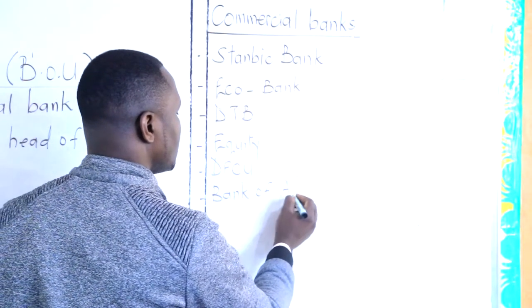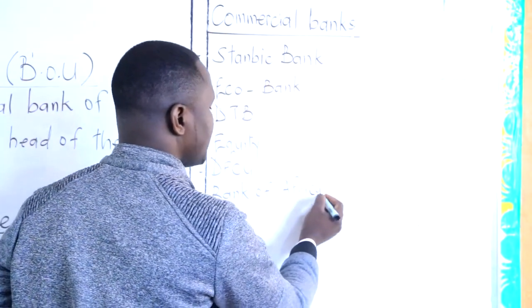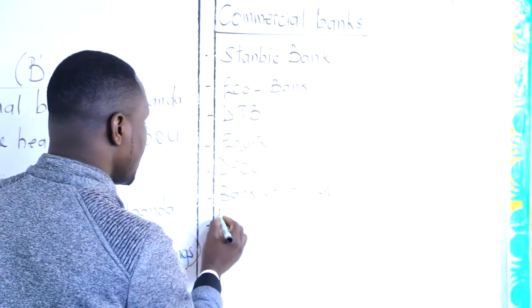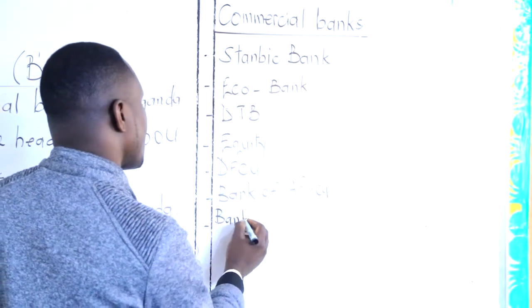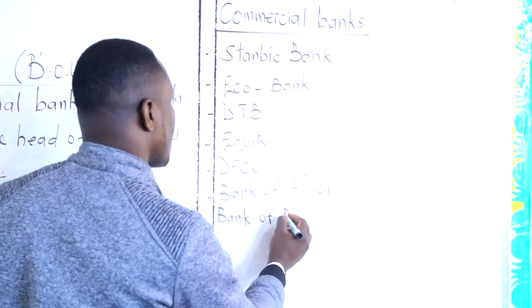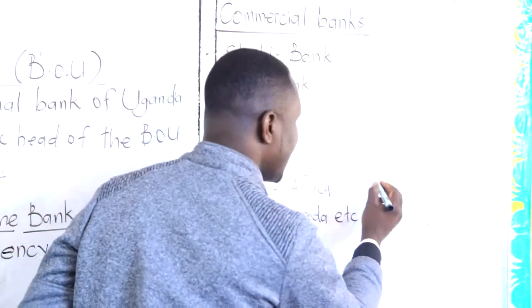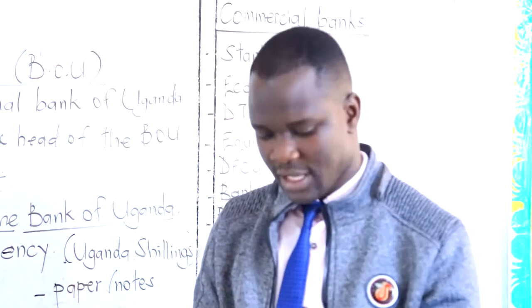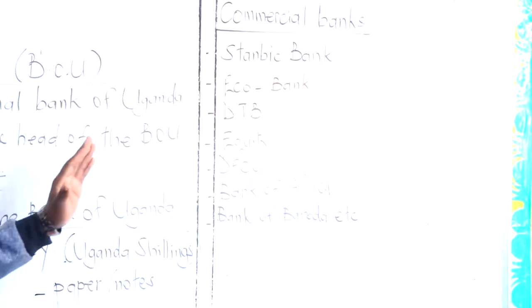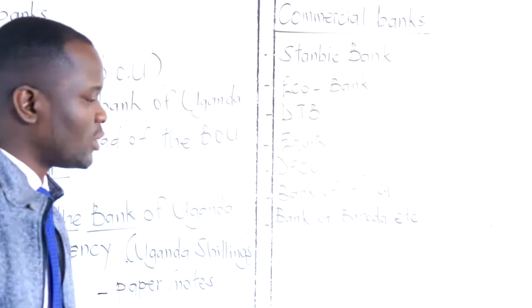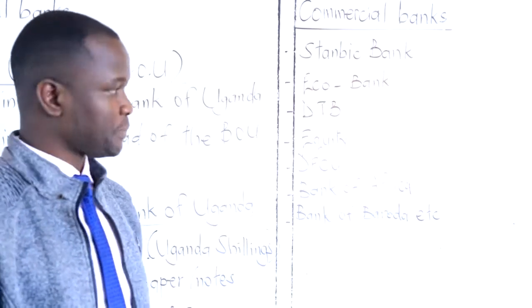Please give me more. Bank of Africa, Bank of Baroda, and very many others. Please, there are very many banks. So we have these as the examples of commercial banks.